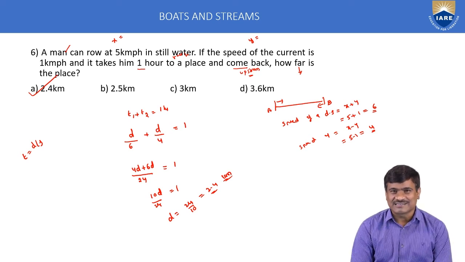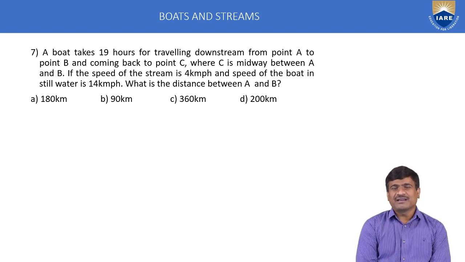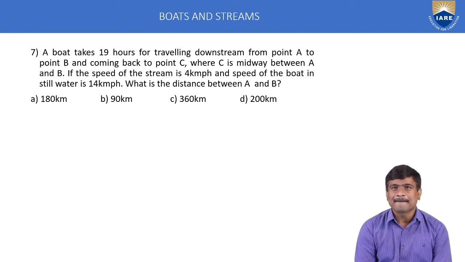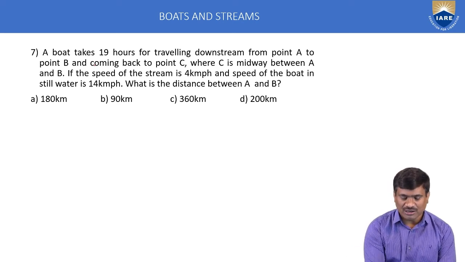Okay, sixth example. Next, seventh example. A boat takes 19 hours for traveling downstream from point A to point B and coming back to point C. Again, underline coming back.